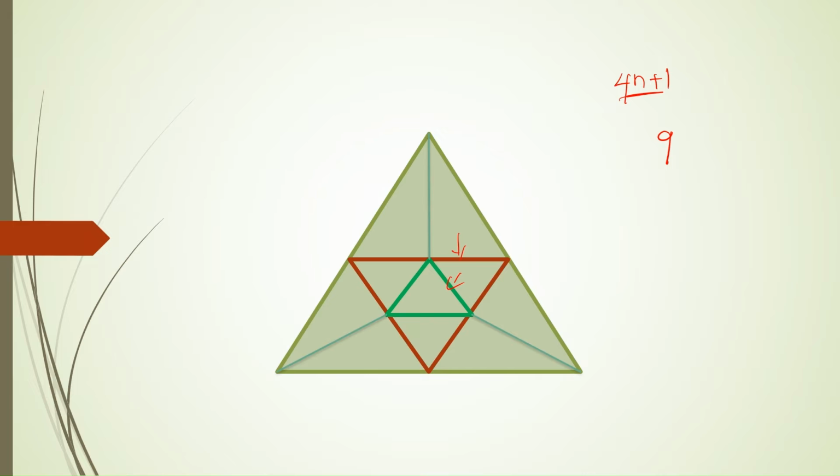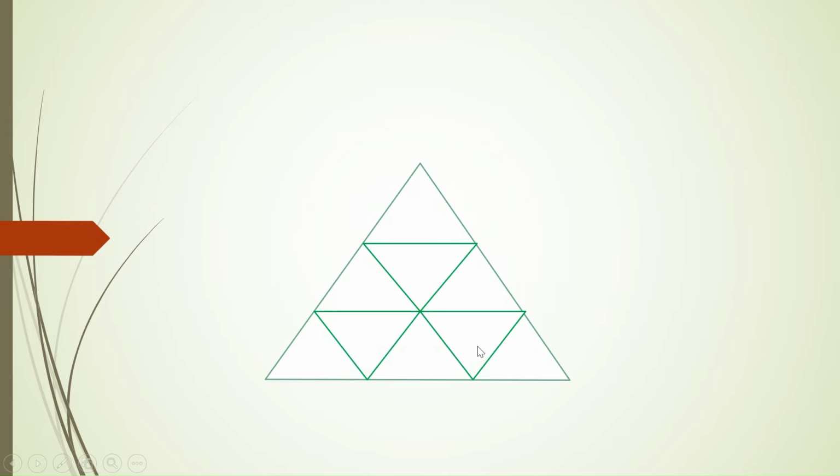Now consider the lines. Because of those lines, the upper triangle has got divided into 2 parts. Similarly, here 2 and again here also we have 2. So we have 3 such things. So plus 3 into 2. This gives 9 plus 6, that is 15 triangles in this particular figure.